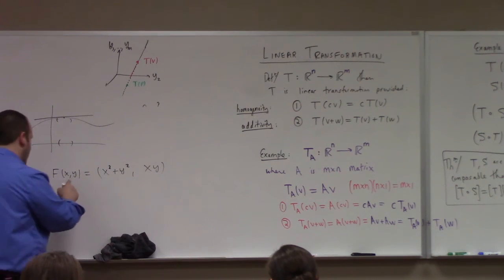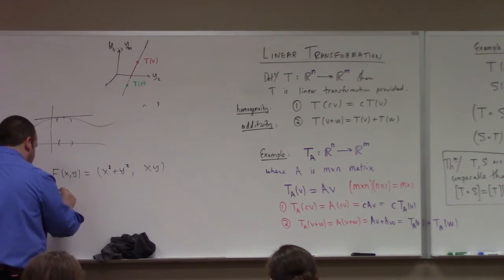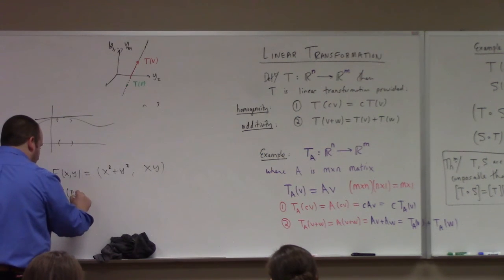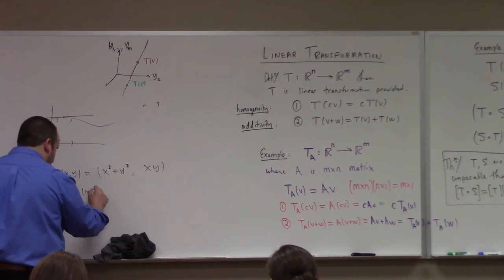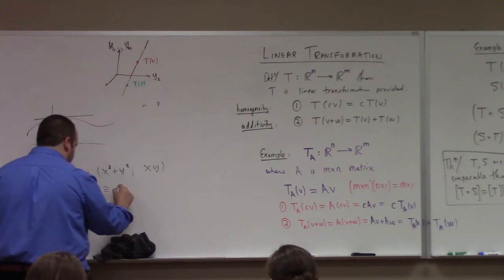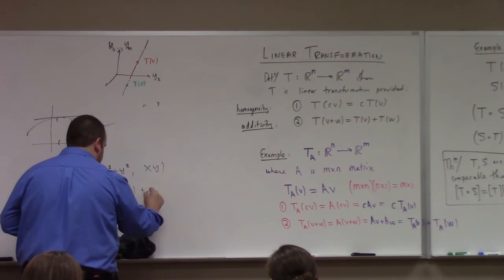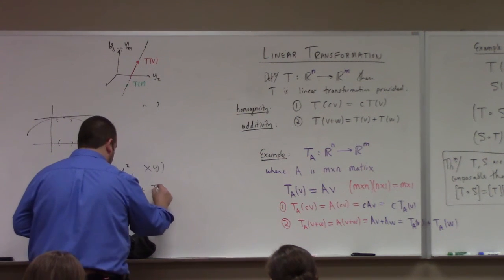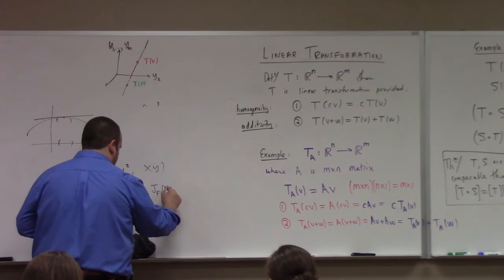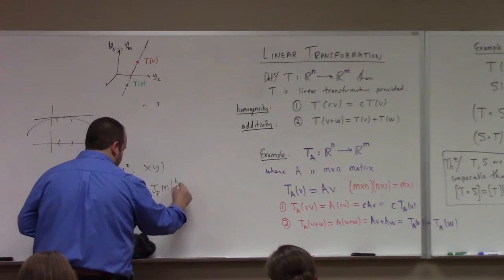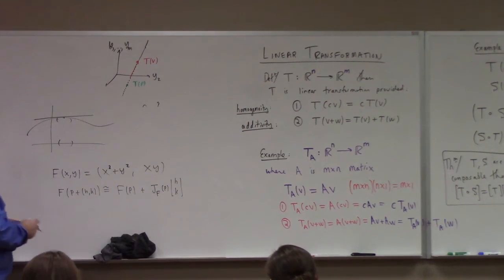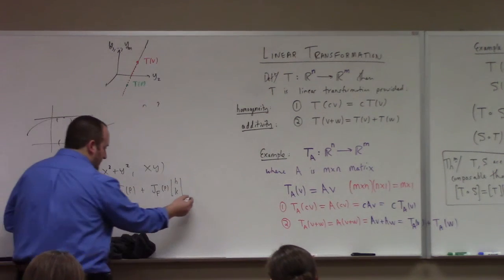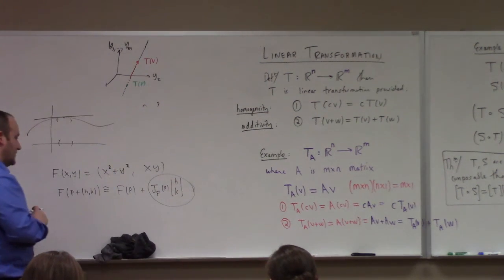But there is still a well-defined procedure. I can write this as f of p plus (h, k) is approximately equal to f of p plus the Jacobian matrix of f at the point p times (h, k). So there's a generalization of the tangent line to functions of several variables where this piece right here is basically a linear transformation.